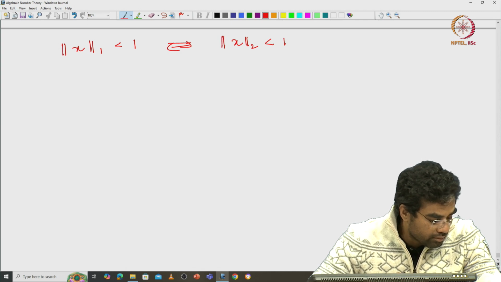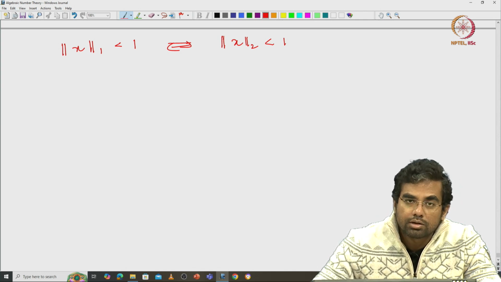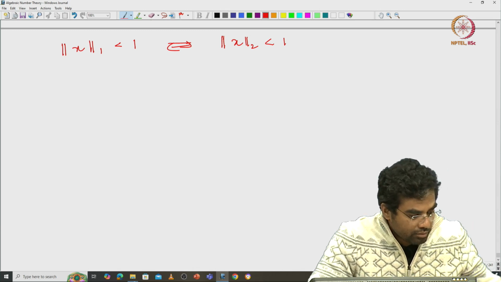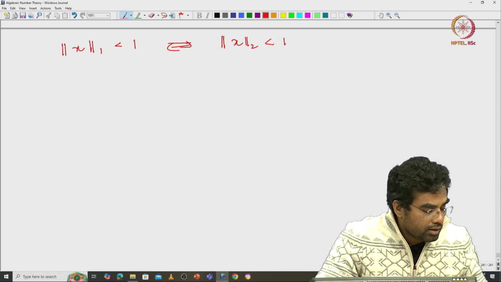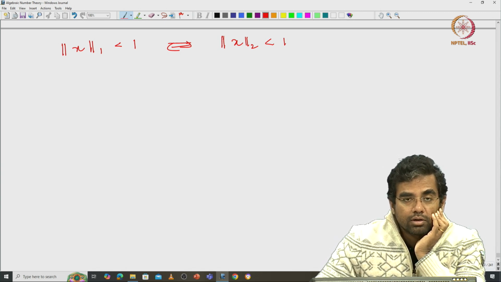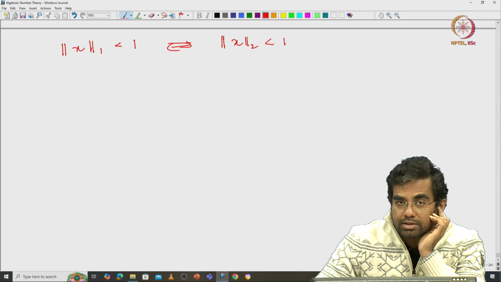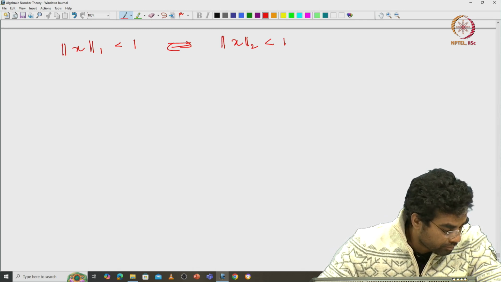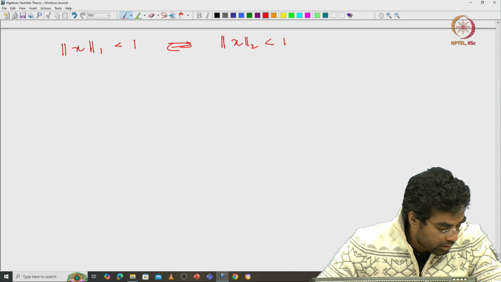So, that is what we have established, right. So, we have already established one link between the valuations. We still have to go a long way to show that they are equivalent, but at least if the valuation with respect to the first one is less than 1, then with respect to the second one it is also less than 1.